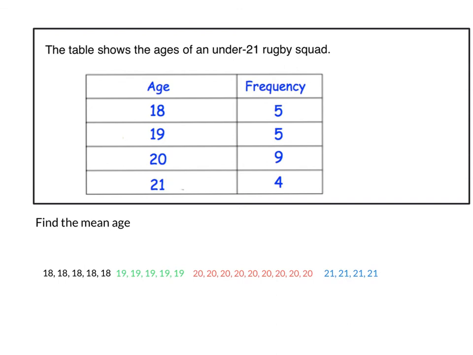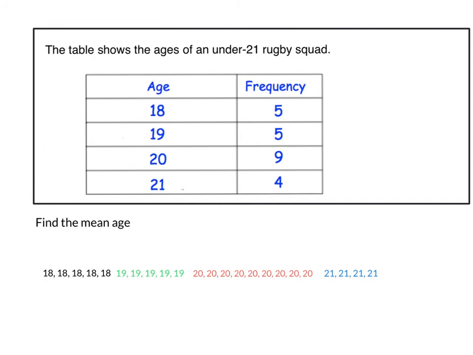Okay, so on my calculator, 18, add 18, add 18, add 18, add 18. 19, add 19, add 19, add 19, add 19. Add 1, 2, 3, 4, 5, 6, 7, 8, 9 20s. Add 1, 2, 3, 4 21s.